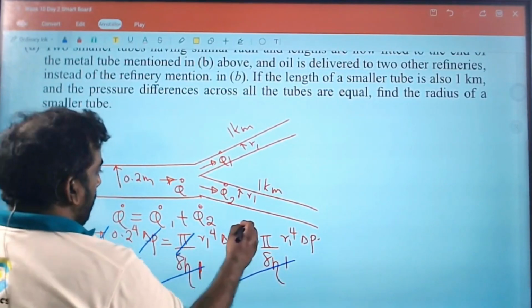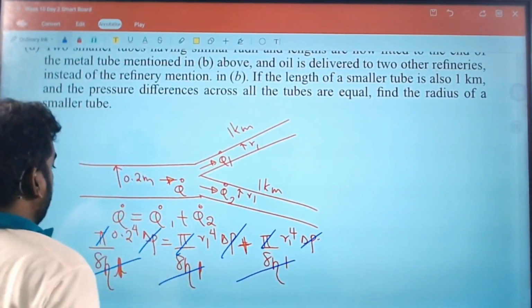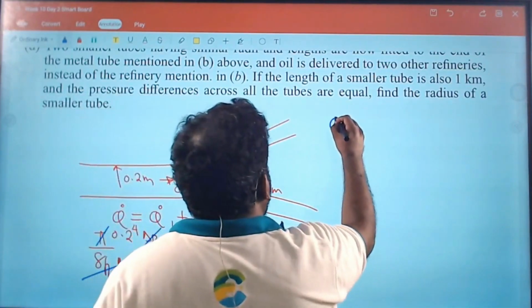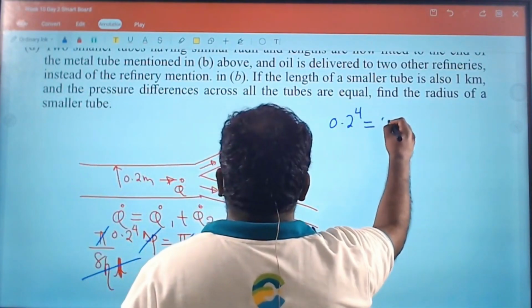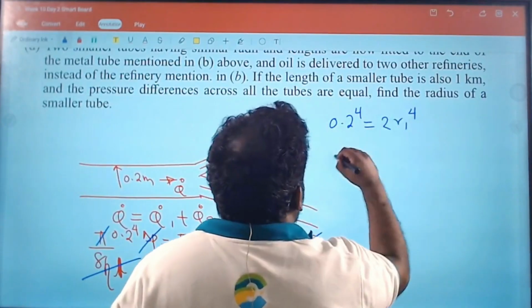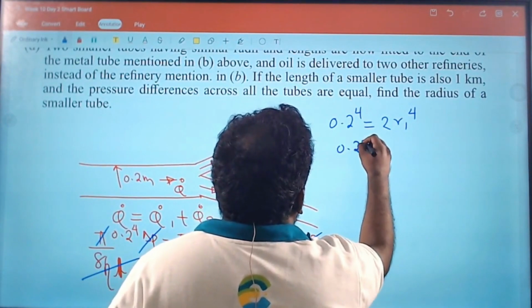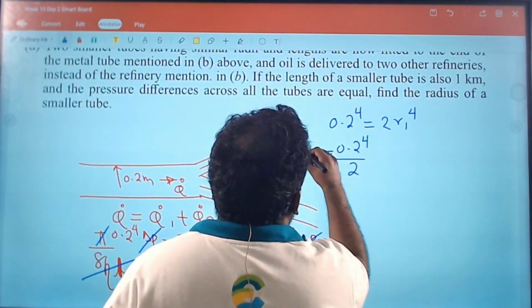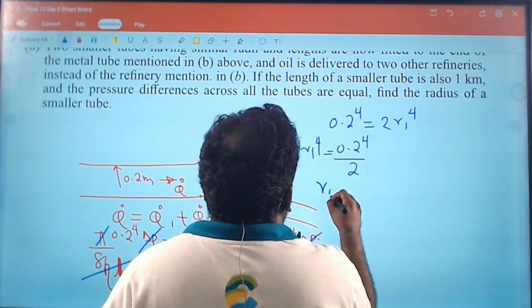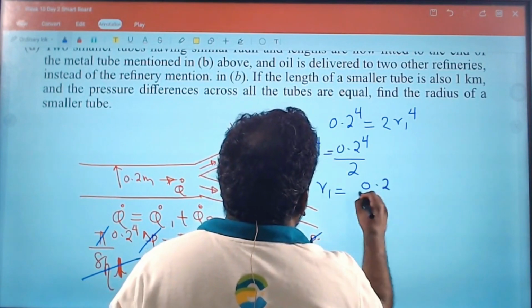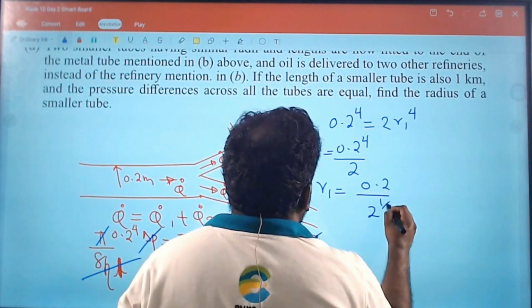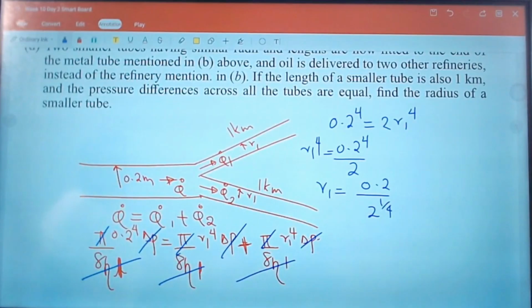Pi delta P cancels off. 0.2 to the power 4 equals 2 times R1 to the power 4. R1 is 0.2 divided by 2 to the power of one quarter.